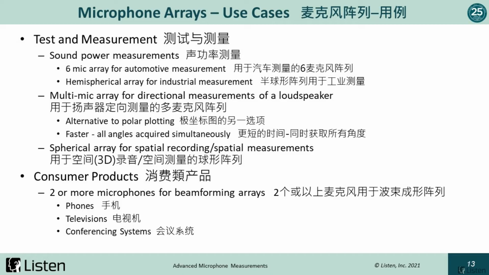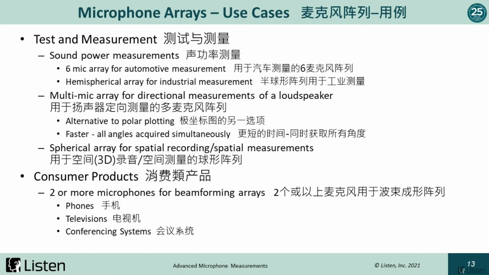A multi-microphone array can also be used for directional measurements of a loudspeaker. So if you were here for our last seminar, we demonstrated polar plotting using a turntable. But another method for doing this is actually to set up a large microphone array around the loudspeaker and we can make all of our measurements simultaneously rather than having to make one measurement at 0 degrees and then incrementally rotating around the arc to 360 degrees.